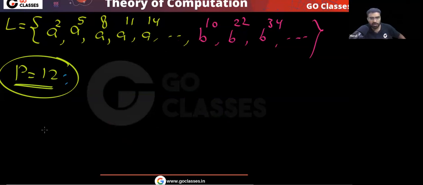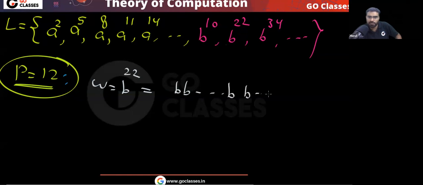Now you can notice these strings will also pump. For example, b power 22 will pump. Tell me what y you will take.